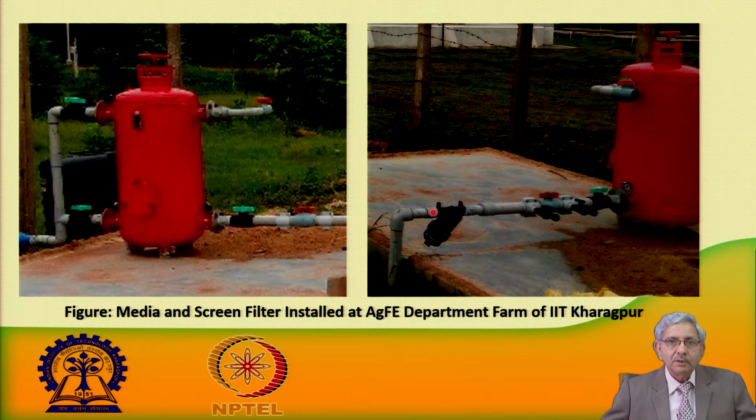So, this is the arrangement we are seeing here. The water is brought from this end, this is the supply end, then it comes to another filter, a screen filter, and then it is connected to the main pipeline.